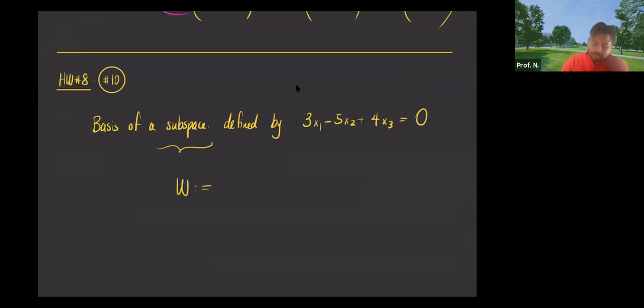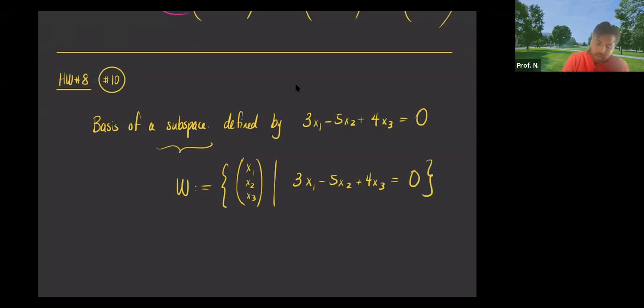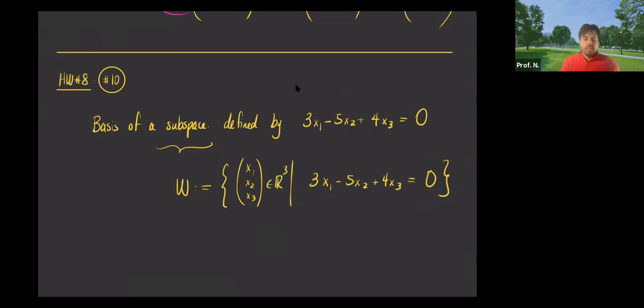And W is the set of all vectors x1, x2, x3 such that 3x1 minus 5x2 plus 4x3 is 0. I should specify, this is in R3, right? This subspace is a subspace of R3.